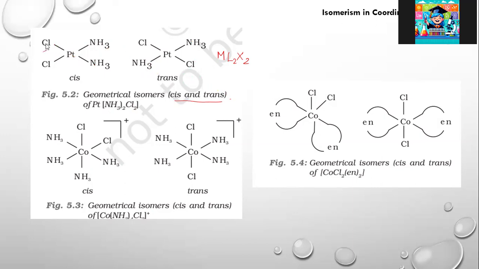In one, the same atoms are close to each other. Here, chlorine and fluorine are close to each other, and NH3 and NH2 are closer to each other. That kind of isomer is known as a cis isomer, where similar groups are placed together in space. In the other type, the trans isomer, the same atoms or groups are opposite to each other.